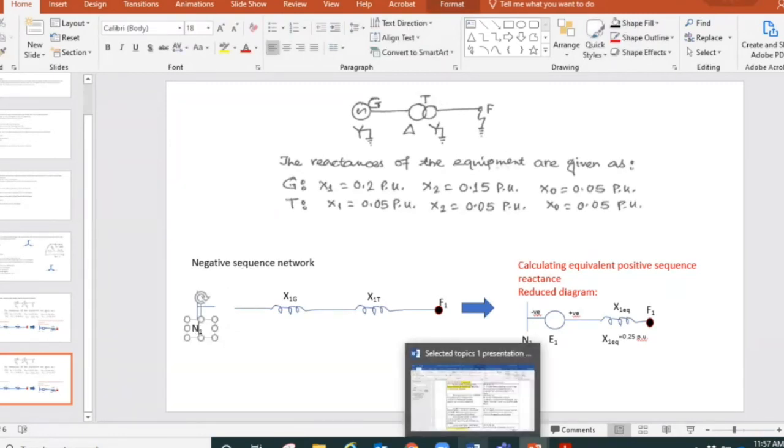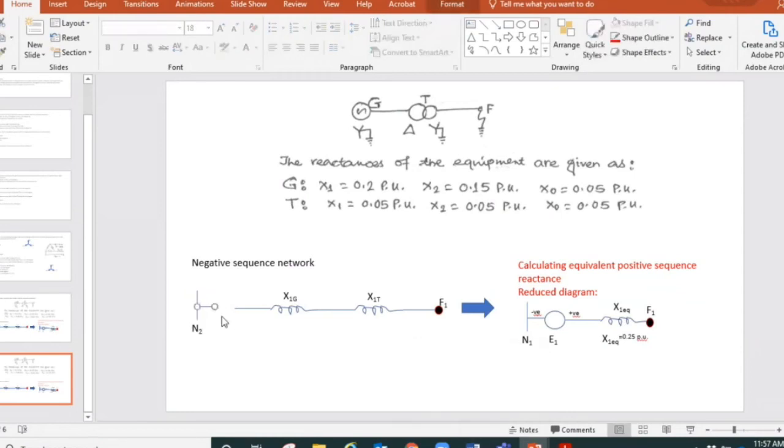We need to show the reference bus, which is N2 that we start with, and then what we have on the system, we need that. Look at the generator. So generator negative sequence reactance will come in, X2 of G. After that we have the transformer, so X2 of T will come in, and then the fault point will be now labeled as F2.